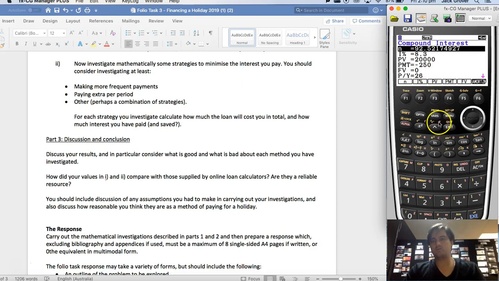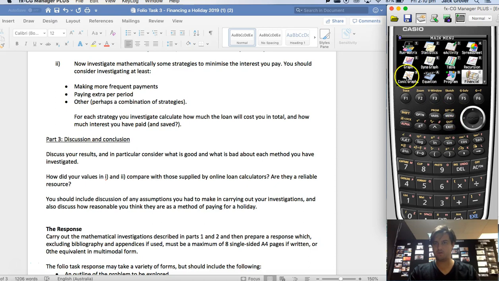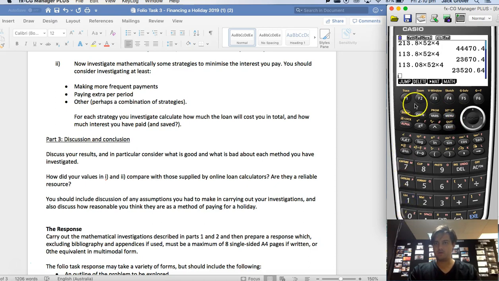Now to work out how much we're actually paying off the loan in total, we do 93 multiplied by 250. Let's go back to the menu. We'll do 93 times by 250.